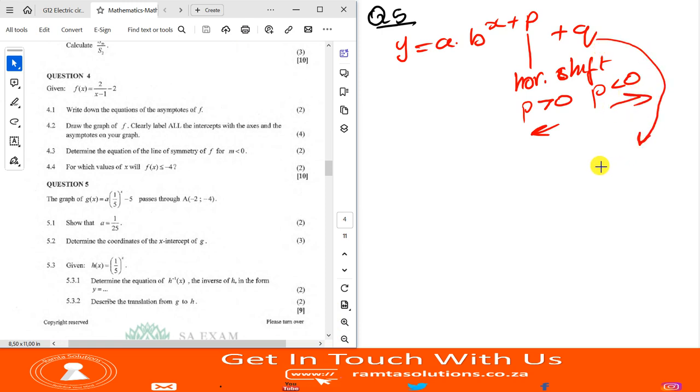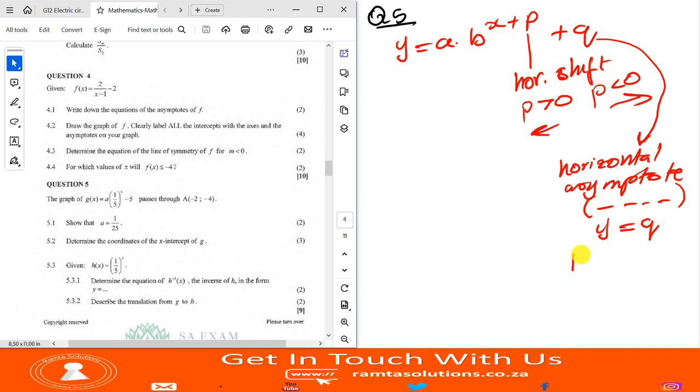Now this q represents the horizontal asymptote, meaning this is a y value where the graph does not exist. So y is equal to q. In addition, it also represents vertical shift.